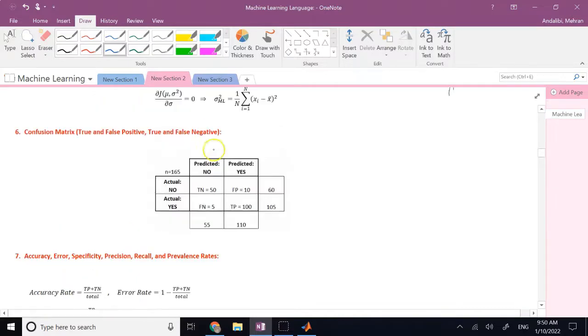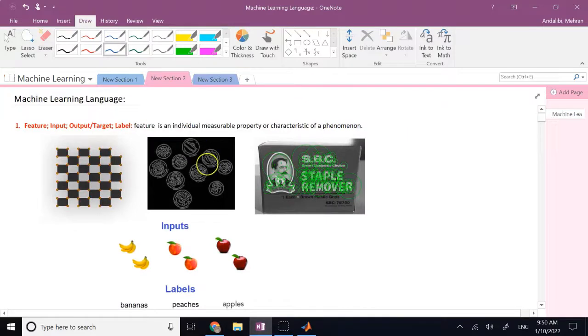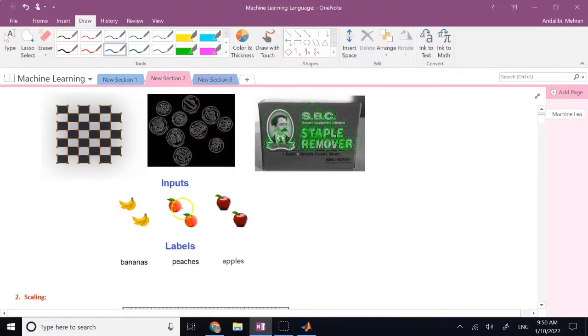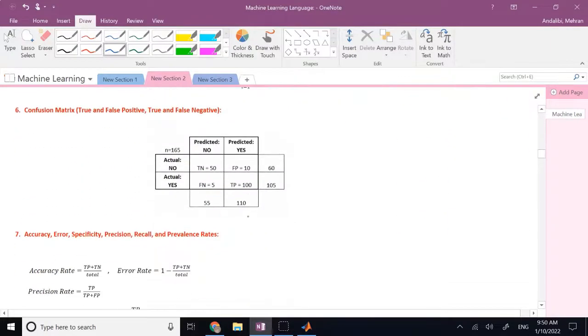So let's say if I go back to this initial picture, I have trained a model, a machine learning system to, if I give it a picture of some fruit, it can tell me what kind of fruit it is, right? Now I want to test how good my system is doing.